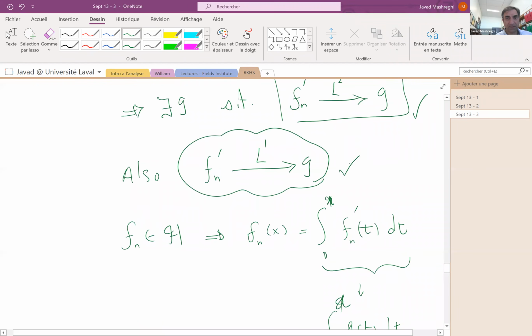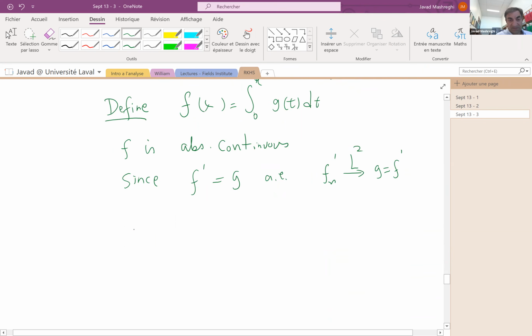That's what we have here, which is the same as saying that Fn goes to f in H.